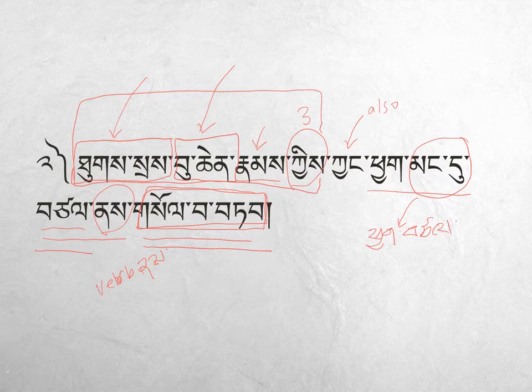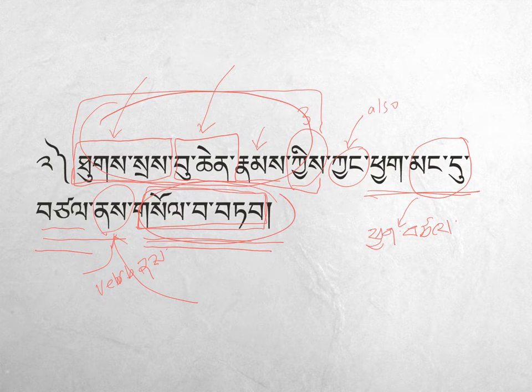In the third case, these are the agents, so the heart disciples and the spiritual sons also prostrated many times and made supplication. Or you could use this nay in the past tense and say, having prostrated many times, the heart disciples and spiritual sons made a request or made supplication.